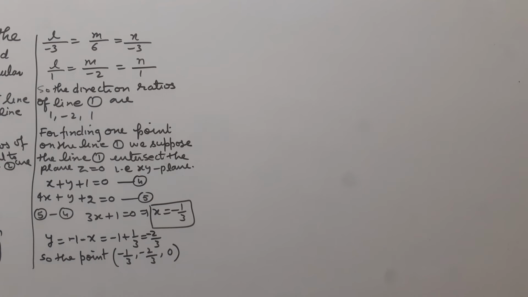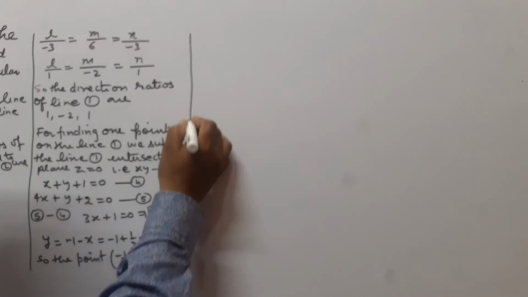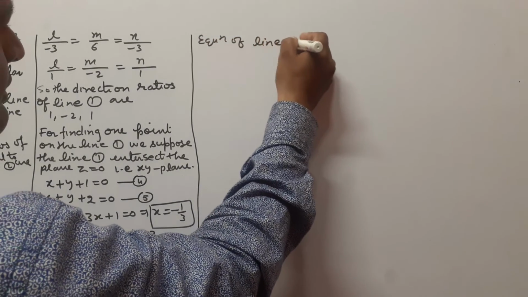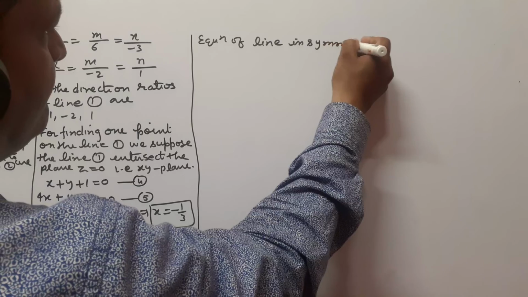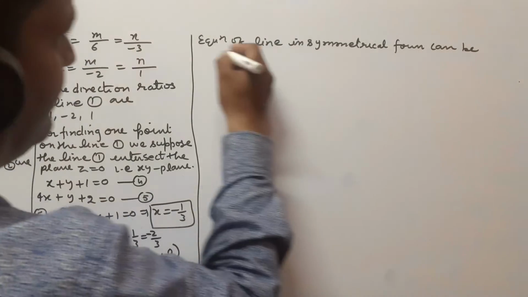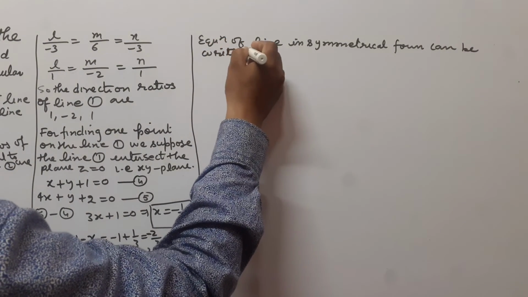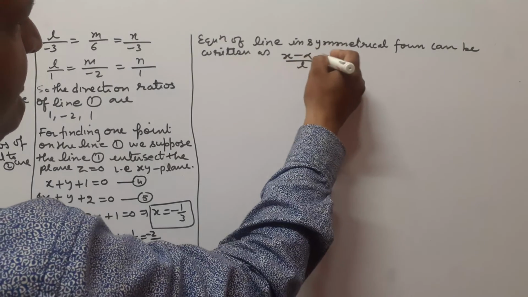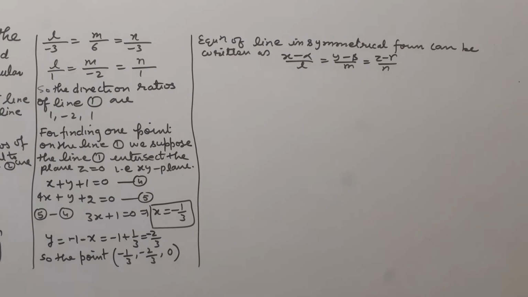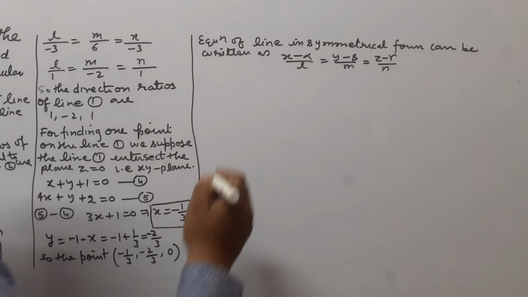Now we write here the equation of the line in symmetrical form. The equation of line in symmetrical form can be written as x minus alpha divided by L is equal to y minus beta divided by M is equal to z minus gamma divided by N. Here alpha, beta, gamma is the point from which the line passes, and L, M, N are the direction cosines or direction ratios of the line.